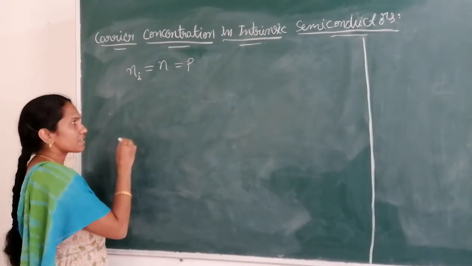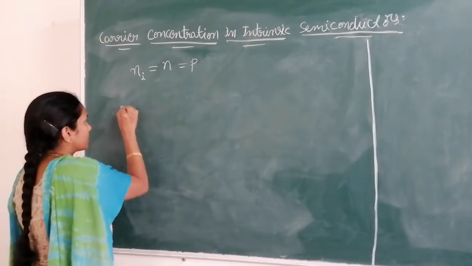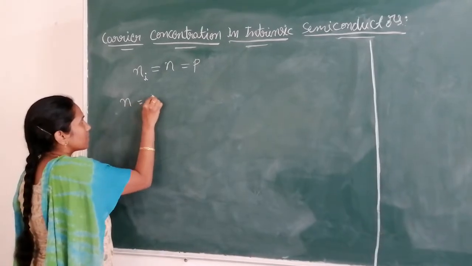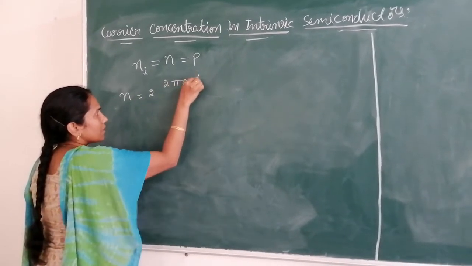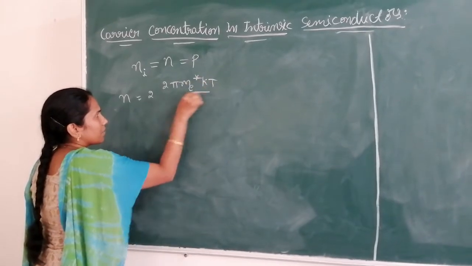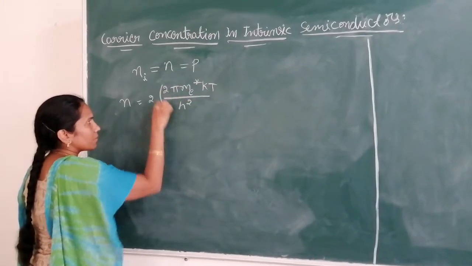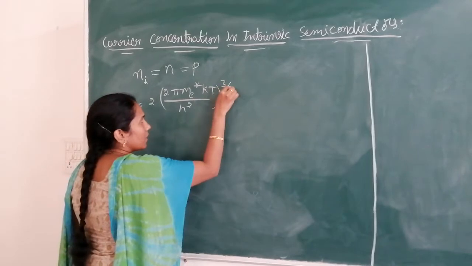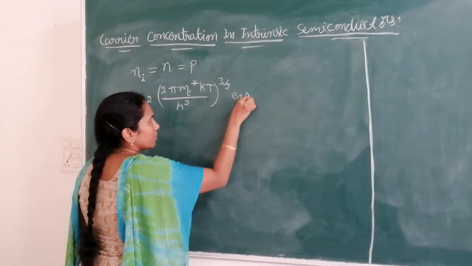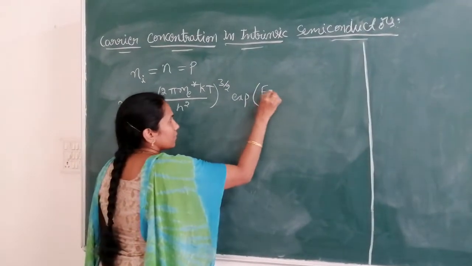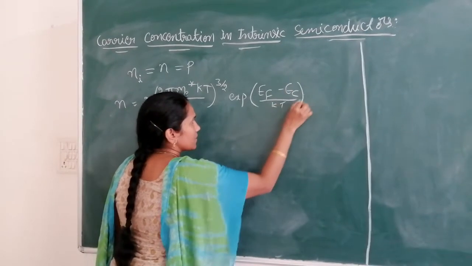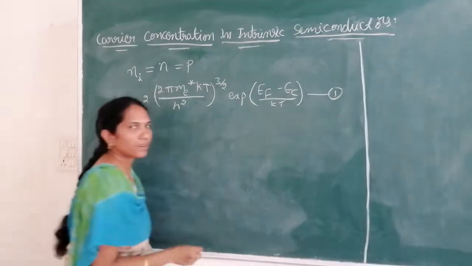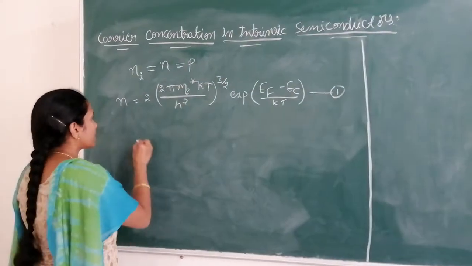Before that, first let us write the expression for the number of electrons. That is n is equal to 2 into (2 pi Me star kT divided by h square) whole to the power of 3 by 2 into exponential of (EF minus EC) by kT. This is the expression for the number of electrons. Let it be equation number 1.